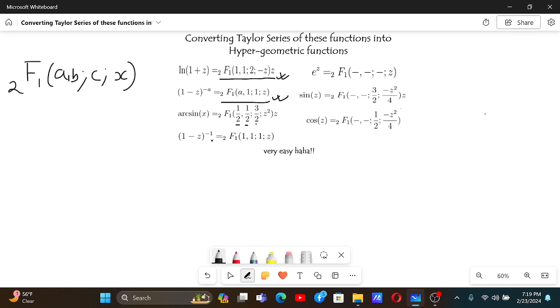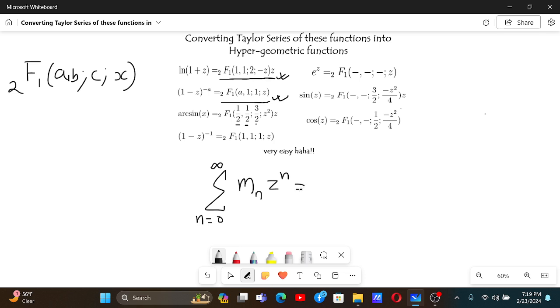So first of all, we can write these functions as a Taylor expansion: the sum from n equals 0 to infinity of some constants, let's say m of n, and then x to the power n.